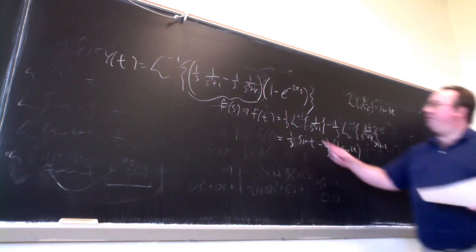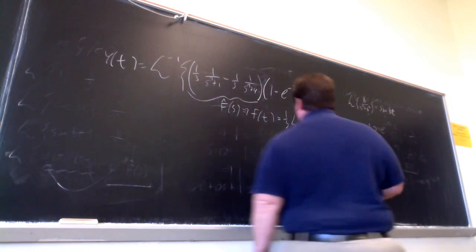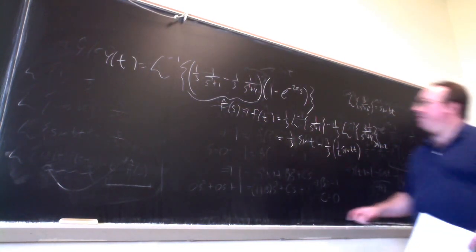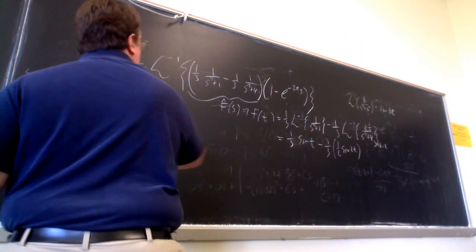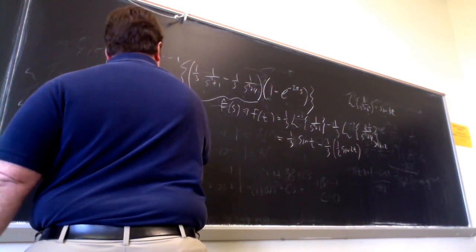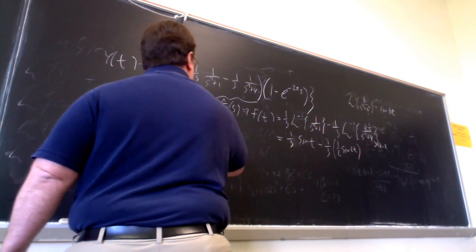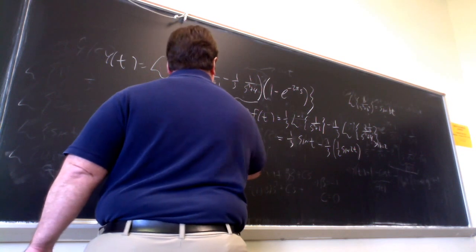Okay, so now we have a transform of that, and therefore this is the little f of t that we need. So when we distribute the 1 minus the exponential through here, this times 1, we have that. So we have 1/3 sine t minus 1/3 times 1/2, or 1/6, sine 2t.